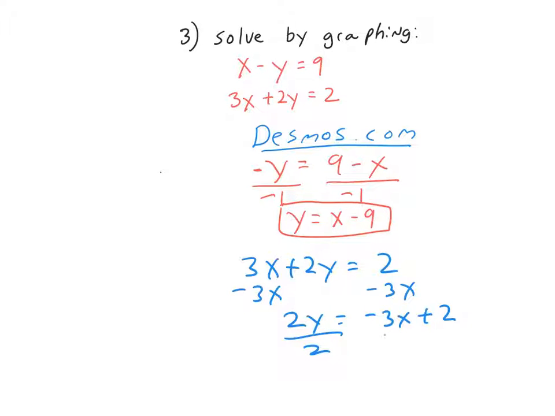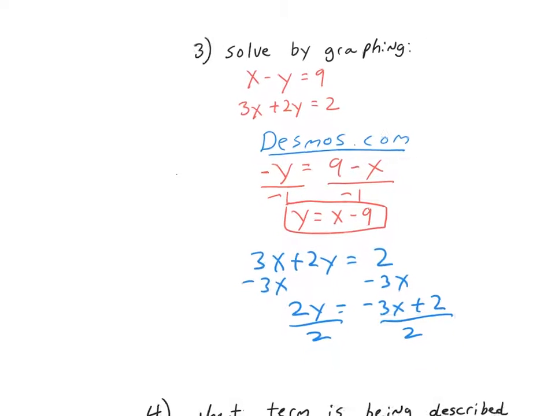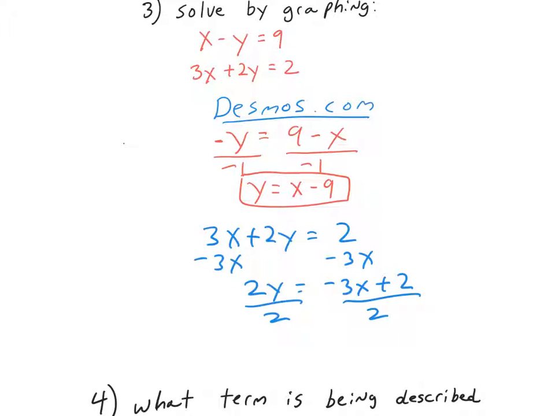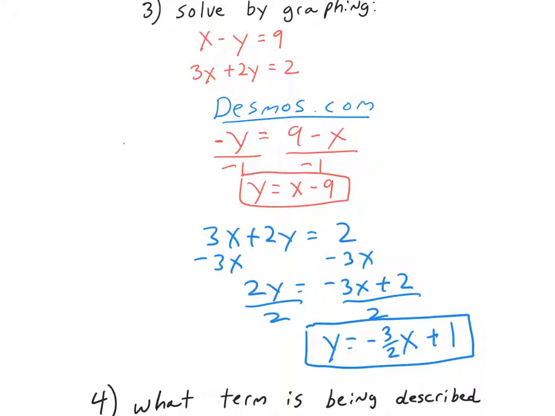Then divide by 2, and we will get y equals negative 3 halves x plus 1. Okay, then go to decimals and graph both of those and see where they cross. And where they cross is where x is 4 and y is negative 5. So we're going to get 4 and negative 5 for the solutions.